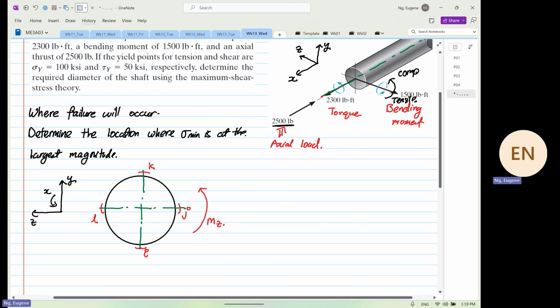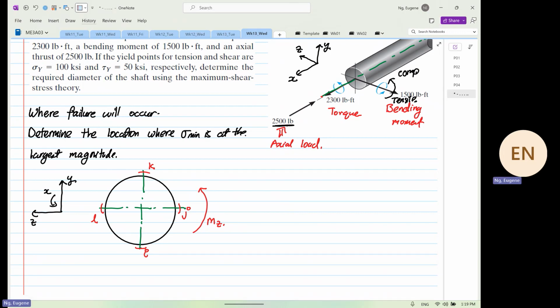I'm trying to figure out what is wrong down here. I labeled this wrongly. I should label this: this will be our Y, this will be our Z, and then this is our X, and this is our rotation about X. No, this is our moment about Z. Okay, I'm rushing now.